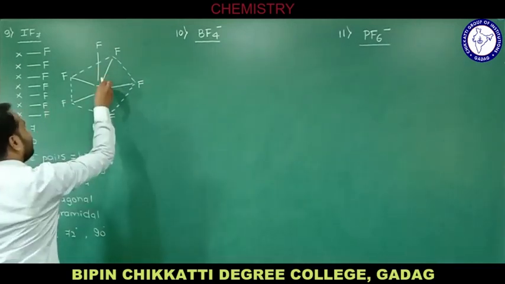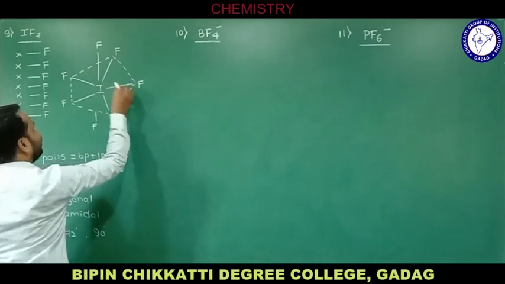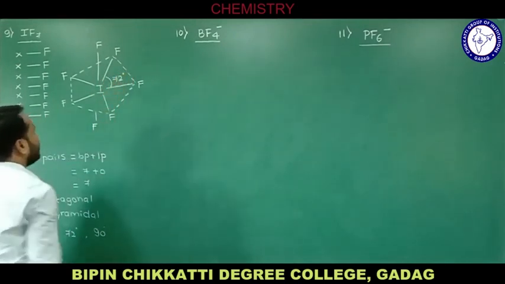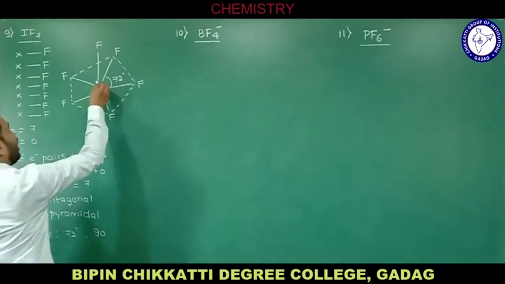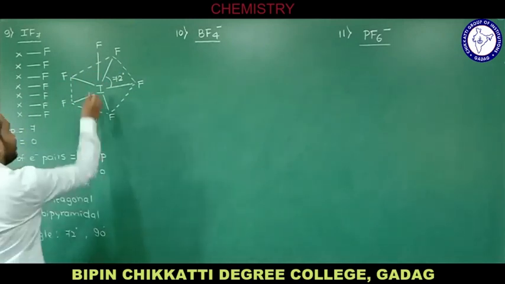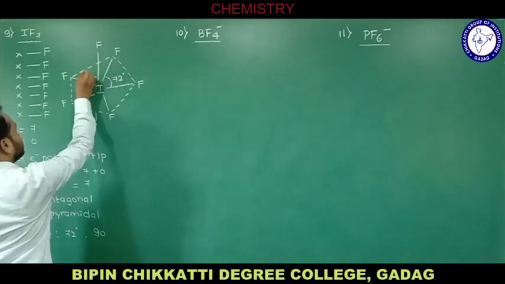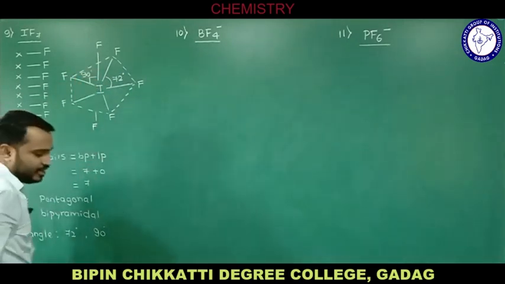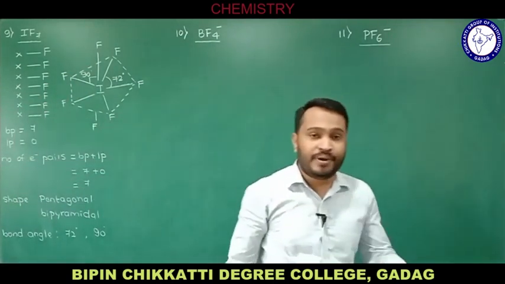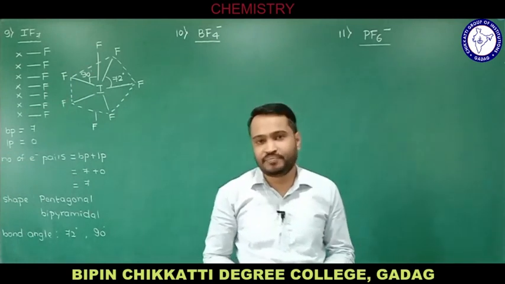The bond angle between IF and IF in the pentagonal structure is 72 degrees. And one will be above, and the bond angle with the IF present in the pentagon is 90 degrees. This is how the structure of IF7 can be predicted using VSEPR theory.